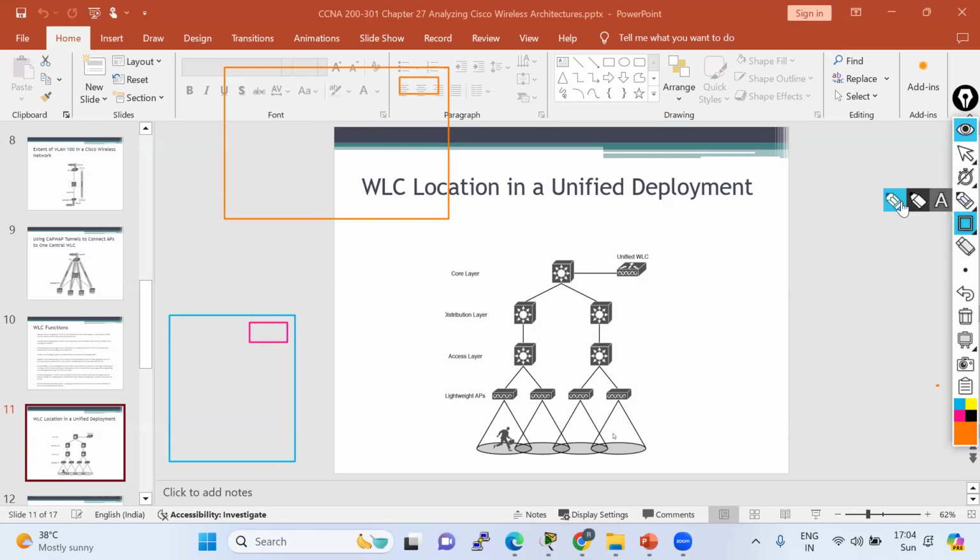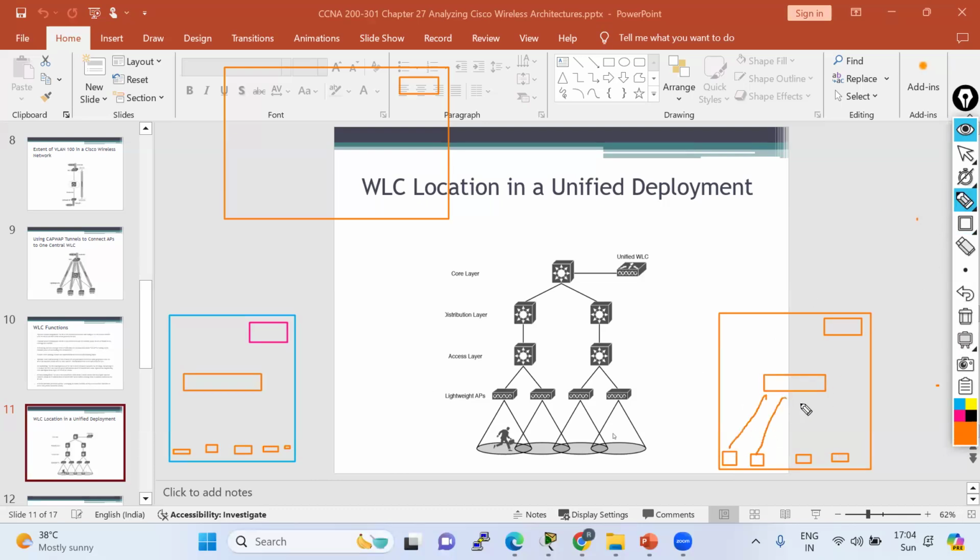If I have multiple branch locations and I want to deploy a WLC at every branch location, that is going to be a huge cost, because you have to purchase the hardware and deploy the WLC on it, and then your different APs connect to the WLC via switches. So you can see the different APs, this is the switch, and based on the switch they are connected.